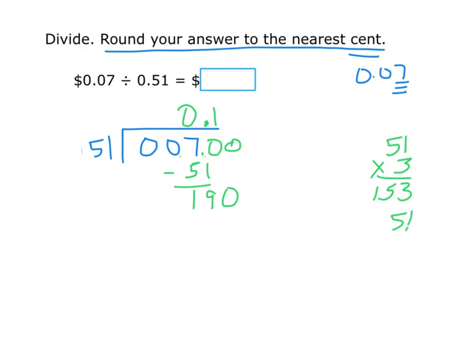What about 51 times 4? That should be a 2. All right, so this is 3. So 153. So 7, 8, 6.